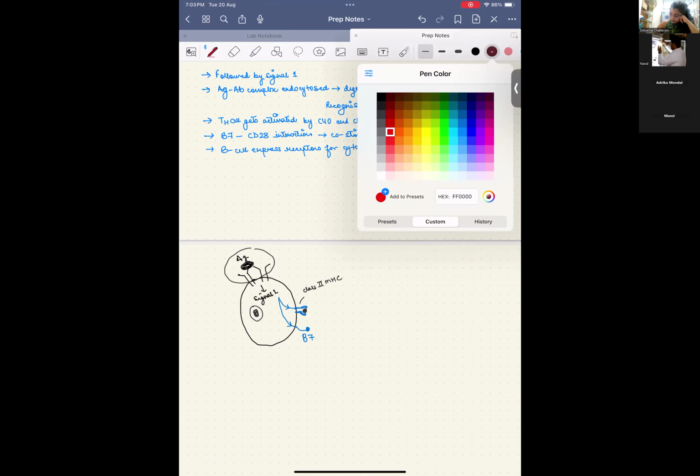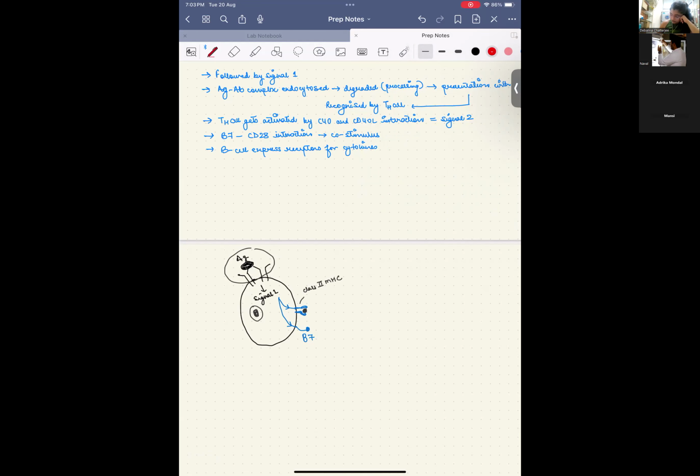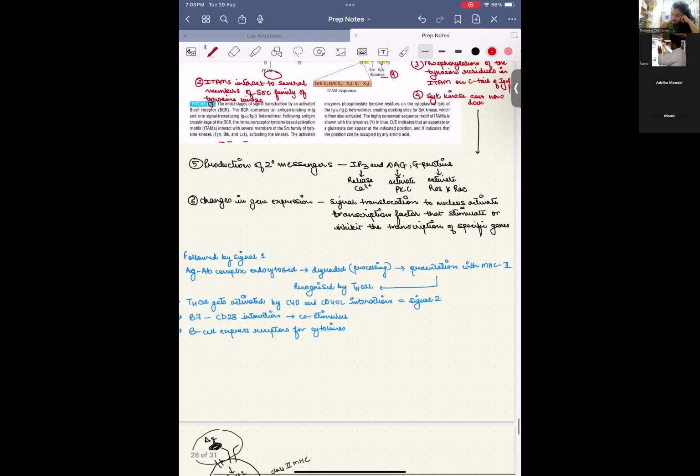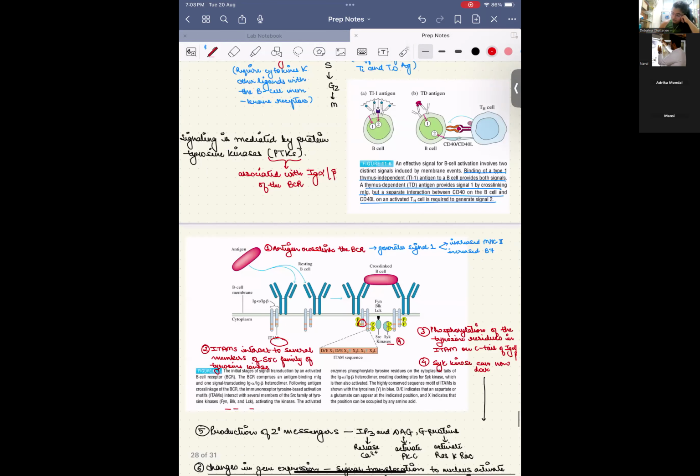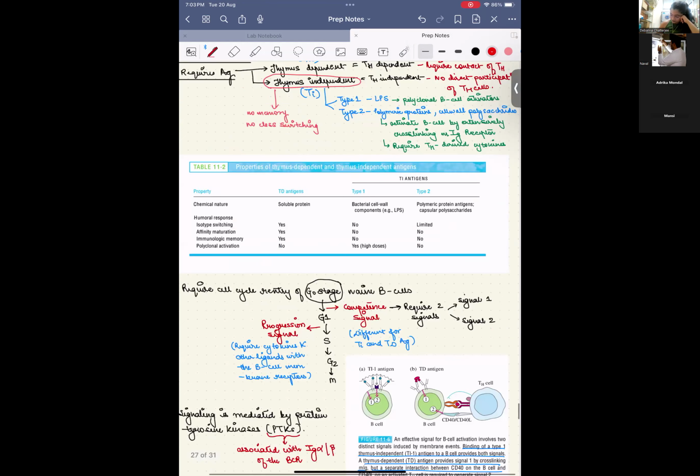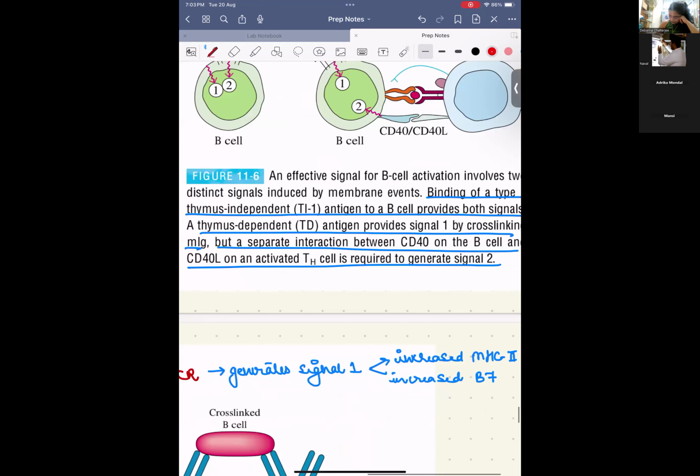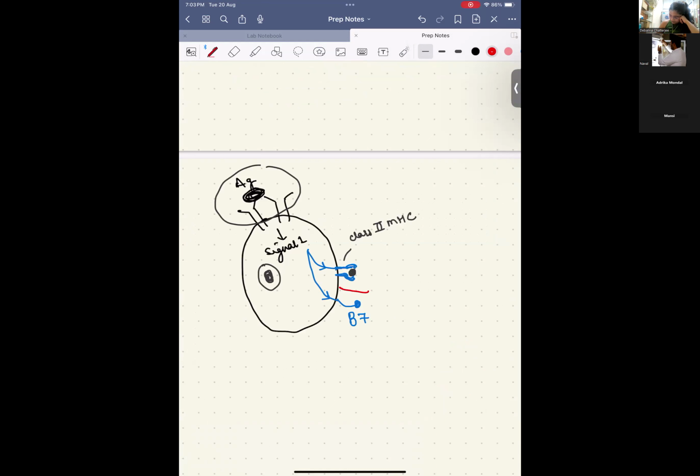Now this class 2 MHC molecule has to present it to a T helper cell. Again, apart from that, we just saw that there is something called CD40, another molecule present here, called the CD40 molecule stationed here.